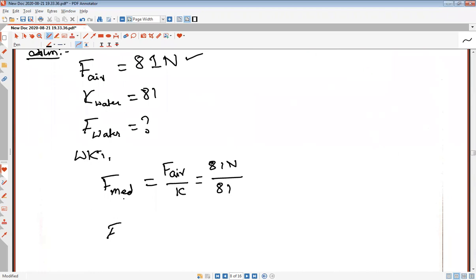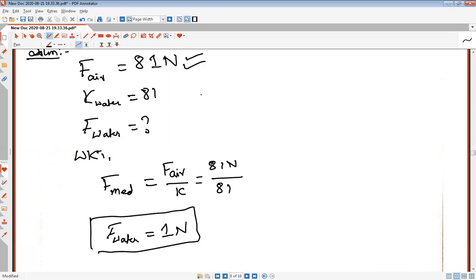So force between two charges in medium, here water, is 81 divided by 81, which is 1 Newton. Observe here, force between two charges when they were in air was 81 Newton, and when the same two charges are taken into water, the force between them becomes 1 Newton.